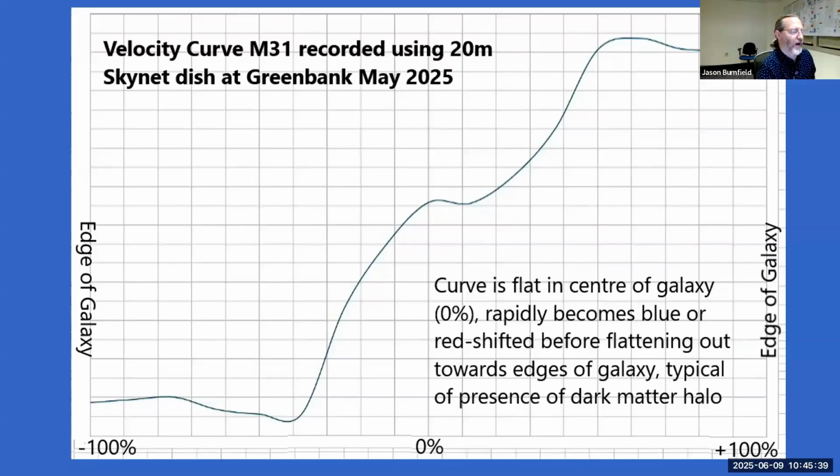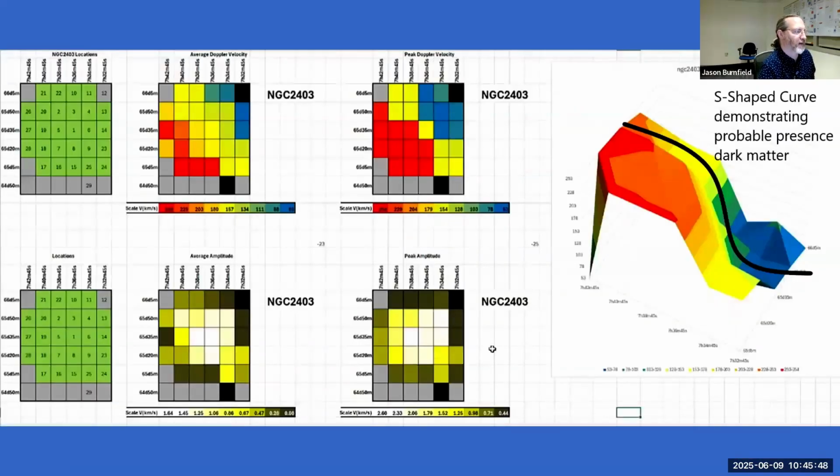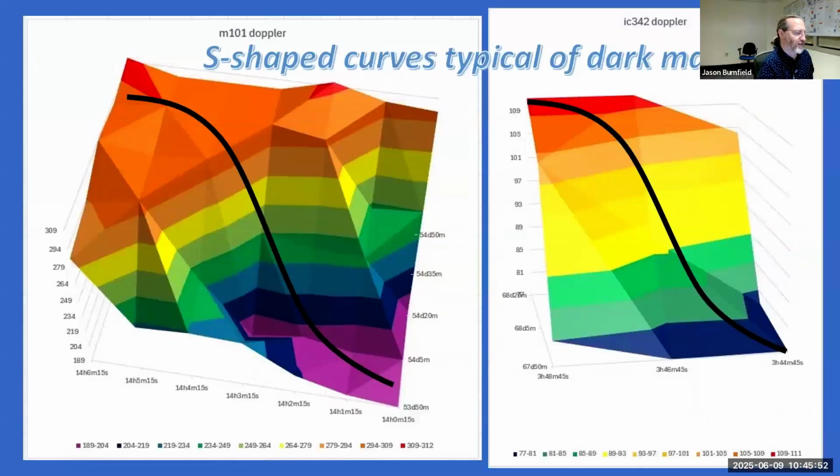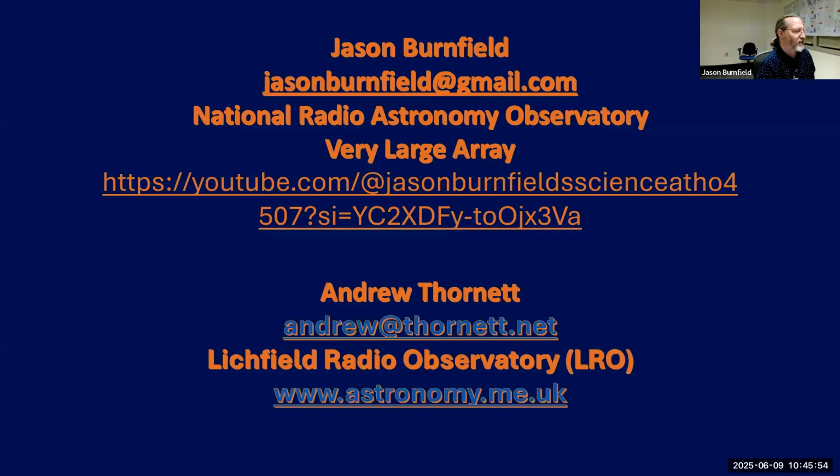So the gravitational force on the outer regions of the disk is way higher than what we would expect from the visible matter. So you can see that flat S curve for all of these.